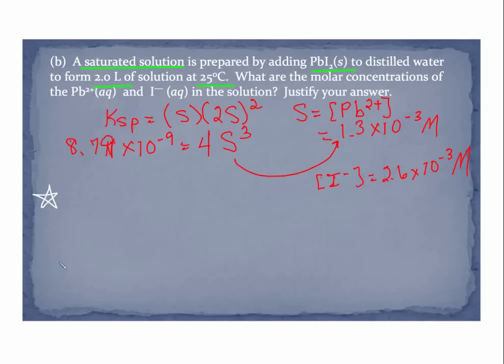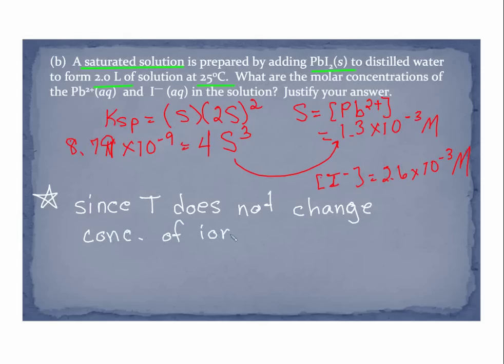The short way is to note something here. Since the temperature does not change, the concentrations do not change. Your concentration of ions does not change as long as it's saturated.